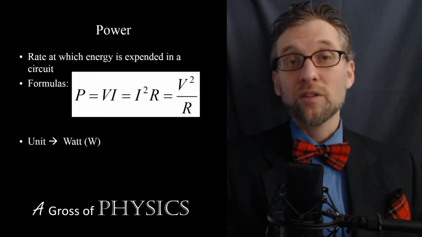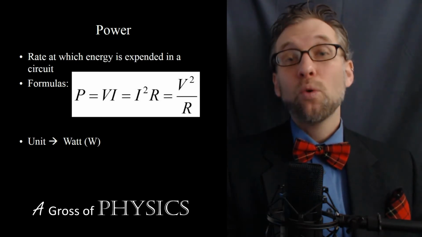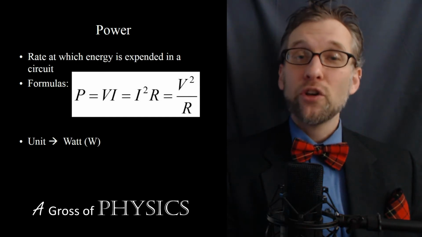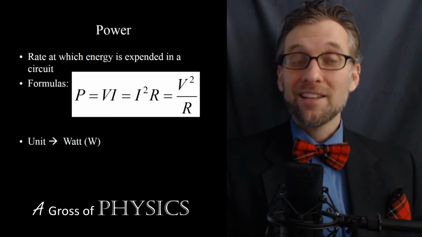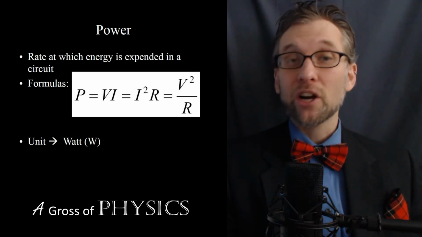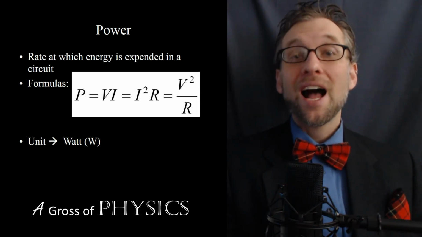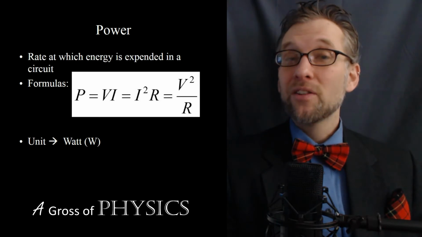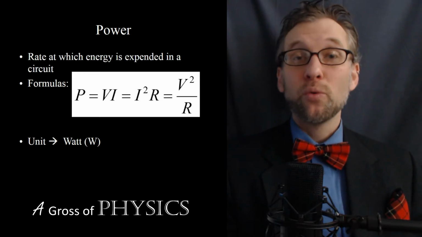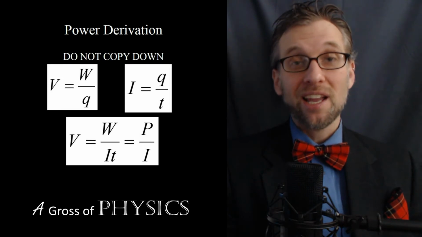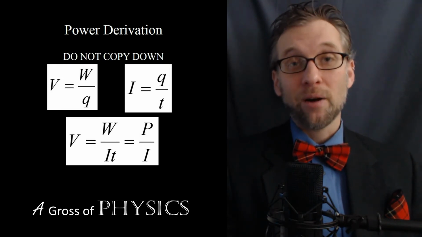Voltage times current, so volts times amps, will get us watts. And I'll show you where the work over time actually comes from. And as a little hint, if you remember from the current discussion a few days ago, I equals Q over T. There's a T term in that equation, and that's going to help us bridge between the P equals W over T and the P equals VI that we have now.